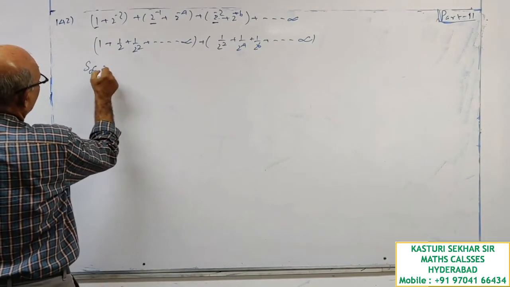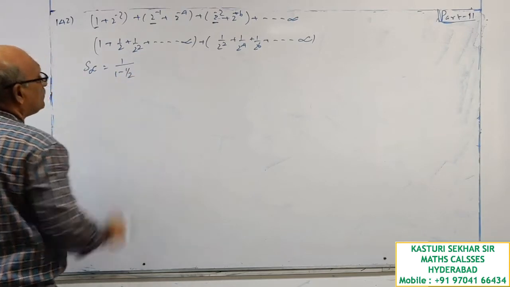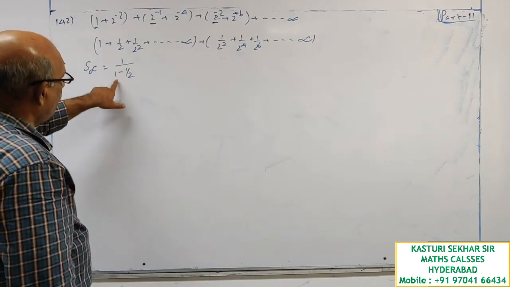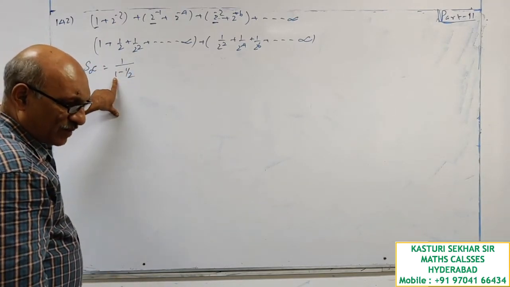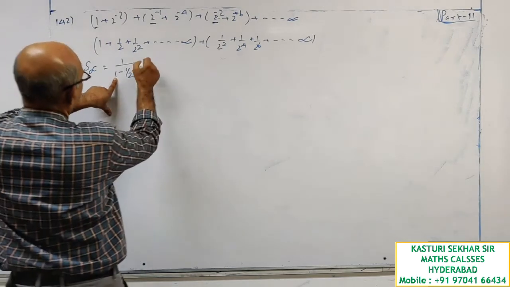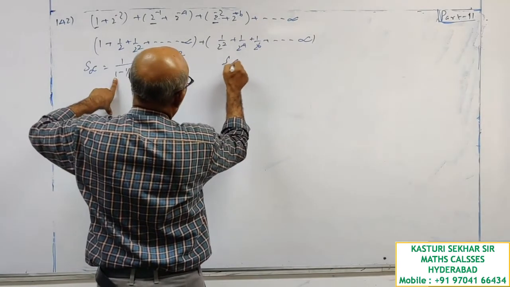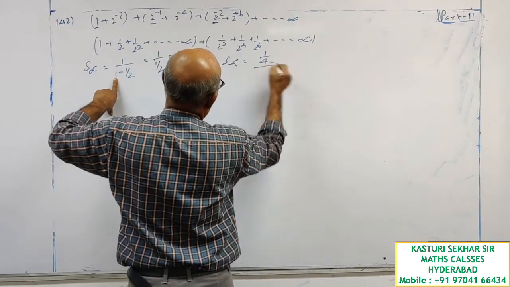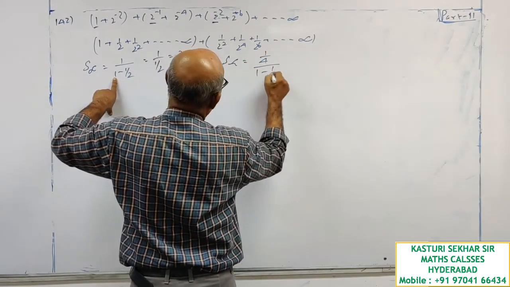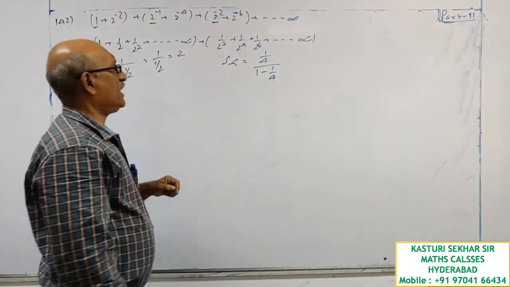Here S infinity is equal to first term divided by 1 minus common ratio. This is 2. Let us see S infinity here: first term divided by 1 minus common ratio.